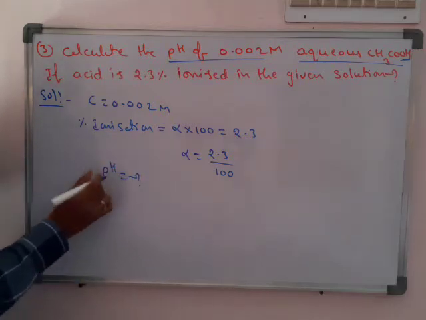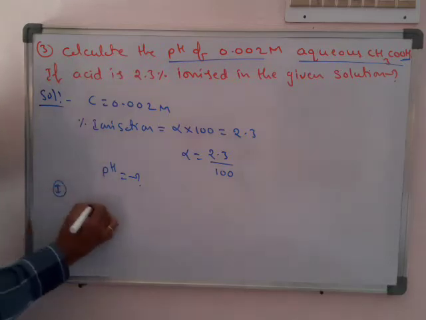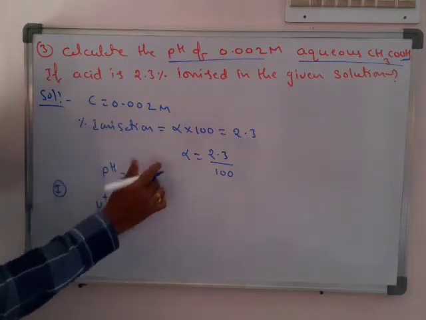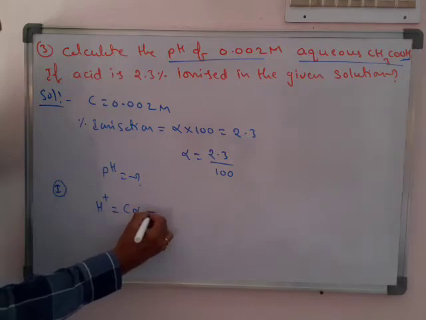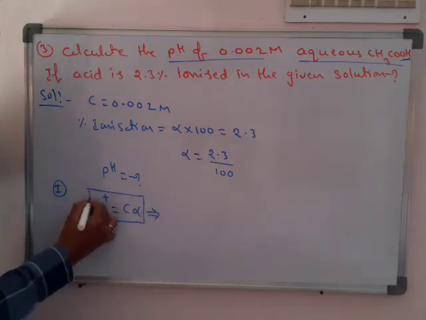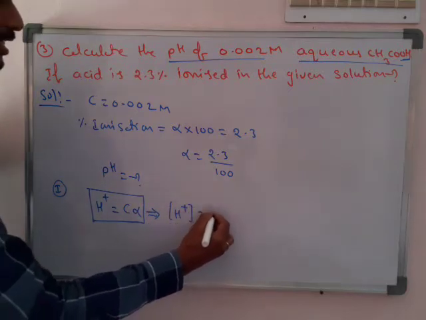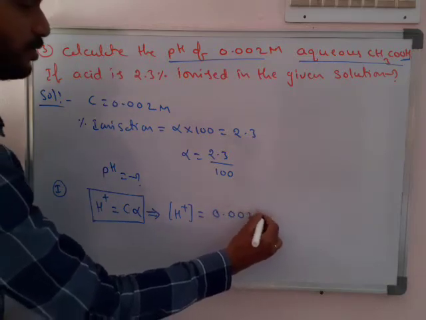We have to find the pH. So to find the pH, actually we want to get the H plus. So first we calculate the H plus. We know the C value, we know the alpha value. So for weak acids, we know that H plus equals C into alpha. So it is a formula. Therefore the H plus ion concentration equals C, what is the concentration given? 0.002.